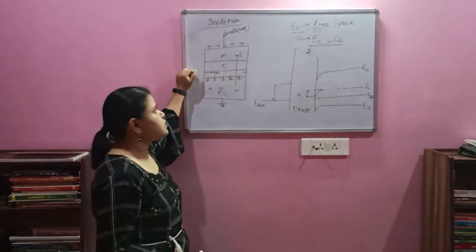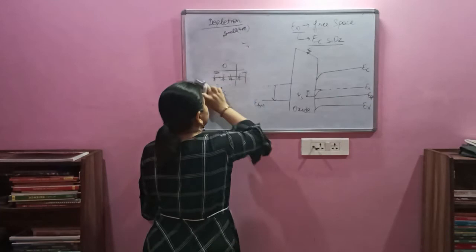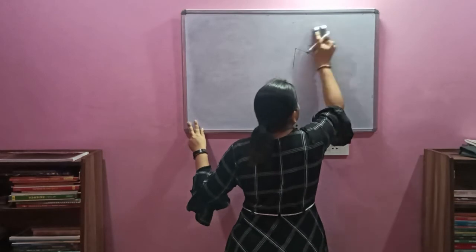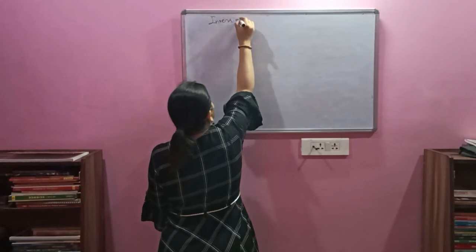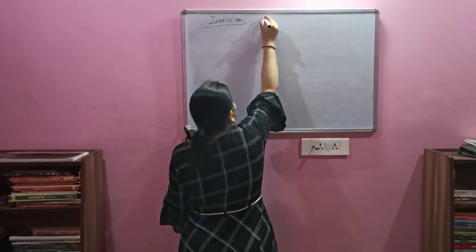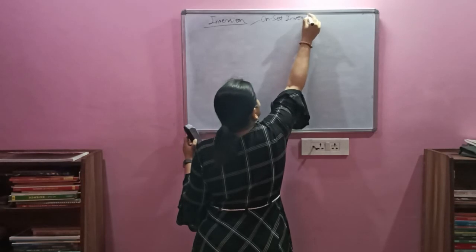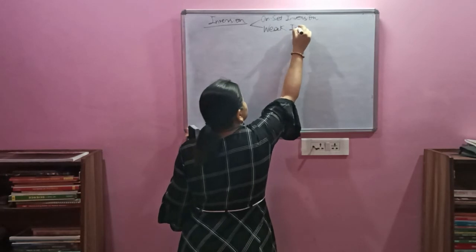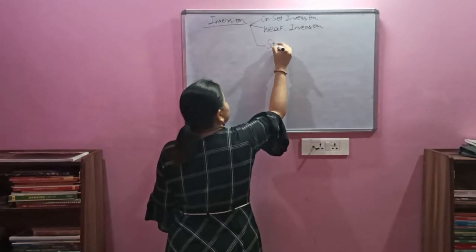Now we move to the third step, which is a very important step, that is inversion. When we talk of inversion, it is not a single step process. Inversion basically takes place in 3 steps, and these 3 steps are noted as onset of inversion, weak inversion, and strong inversion.